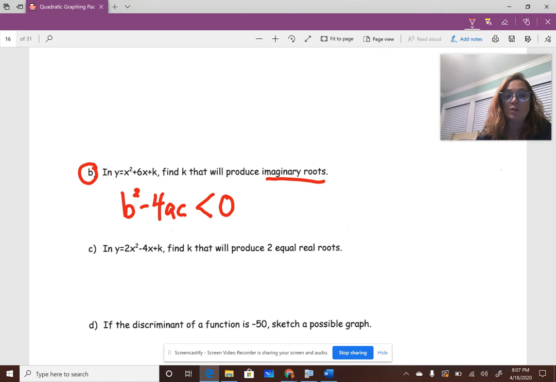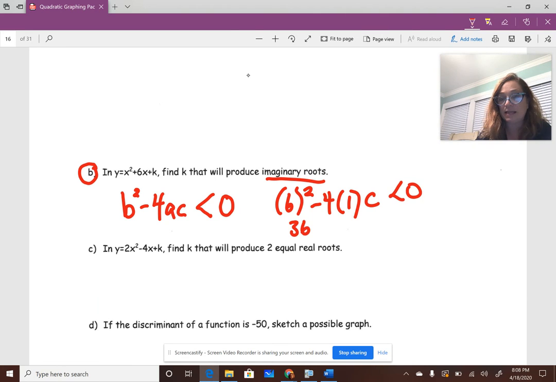Okay? So b in this case is 6. So 6 squared minus 4, a is 1, and c is the unknown. So I'm solving that for c. 36 minus 4c is less than 0. So negative 4c is less than negative 36.